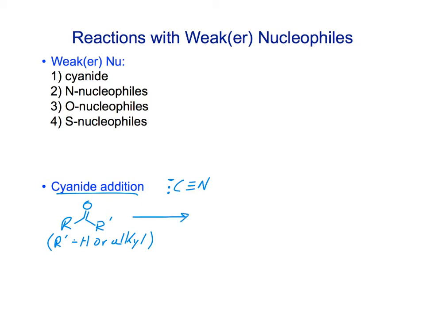When we do this reaction, the cyanide is going to mostly come from sodium cyanide, which is just an ionic compound, so sodium plus, cyanide minus. But that doesn't do it all. We have to add a little bit of acid to this, and this is really just a small amount.